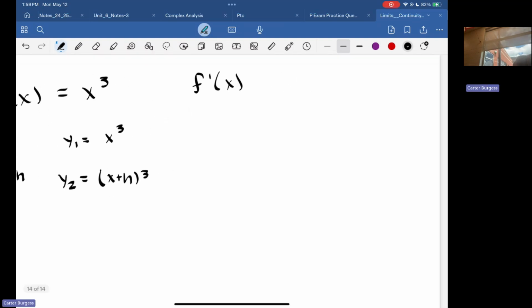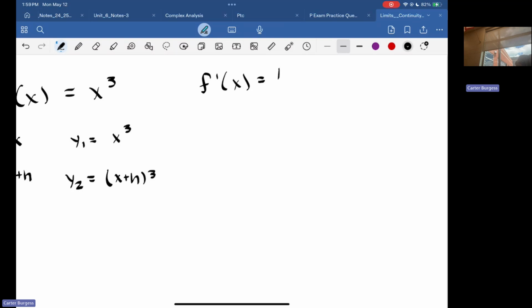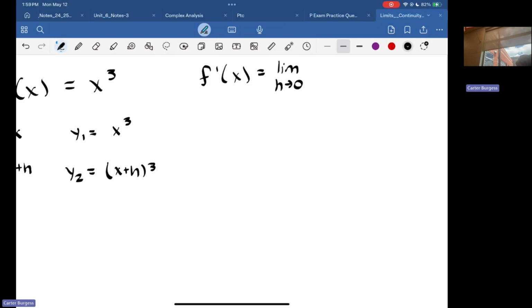And so our function, f prime of x, is the limit as h approaches 0 of (x plus h) cubed minus x cubed all over that change in x, which works out to be h.